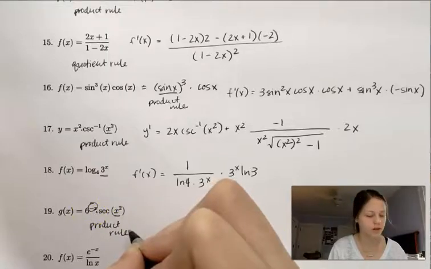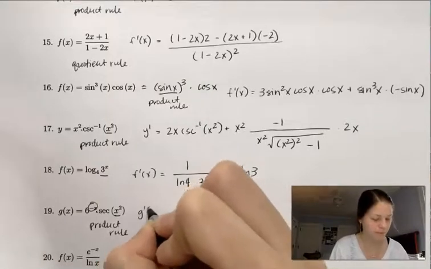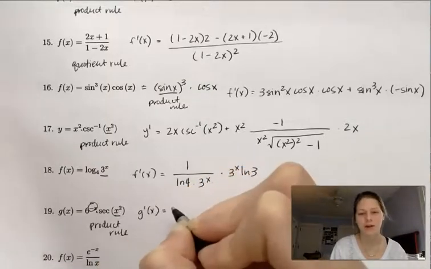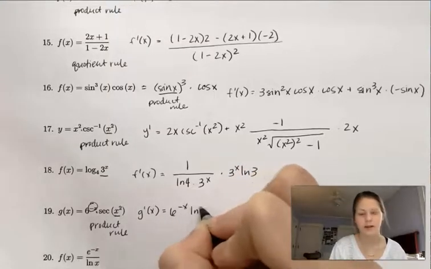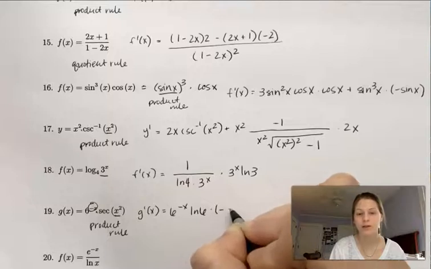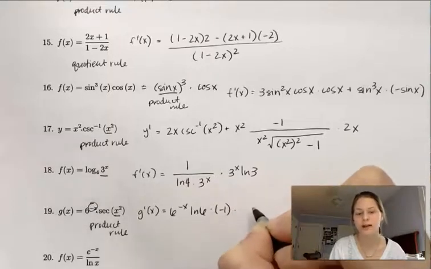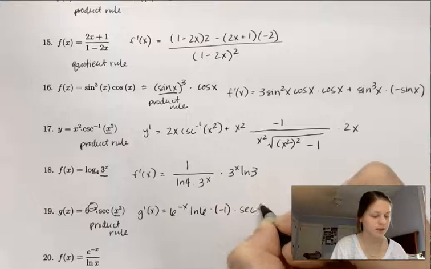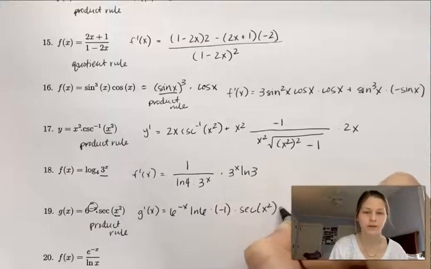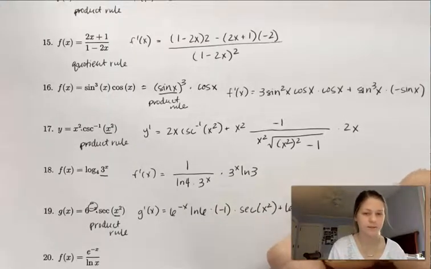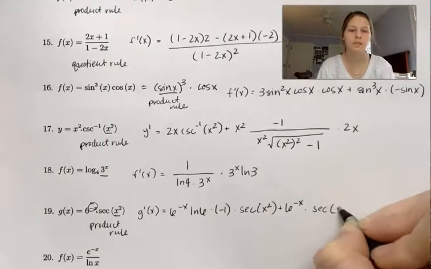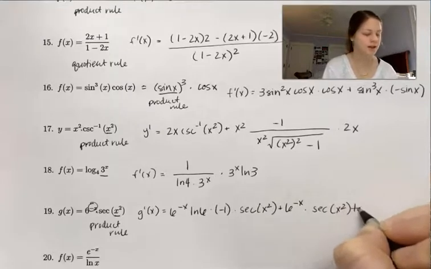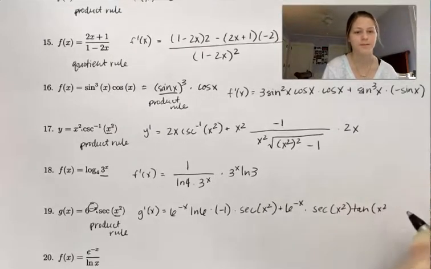And then we'll do the product rule, and we will get g prime of x is equal to 6 to the negative x times ln of 6 times negative 1. So this is when we use the chain rule for the negative x, times secant x squared, plus 6 to the negative x, move this up here so you can see, times secant x squared tan x squared times 2x.